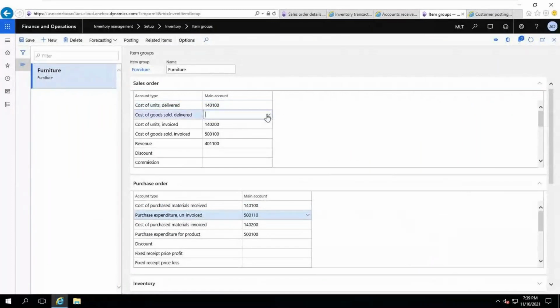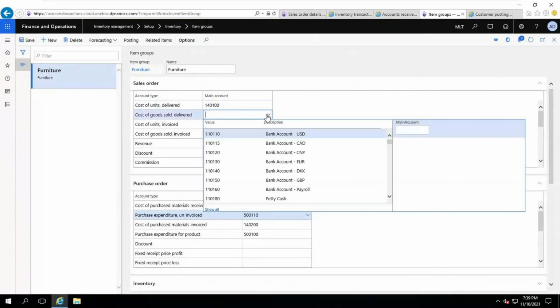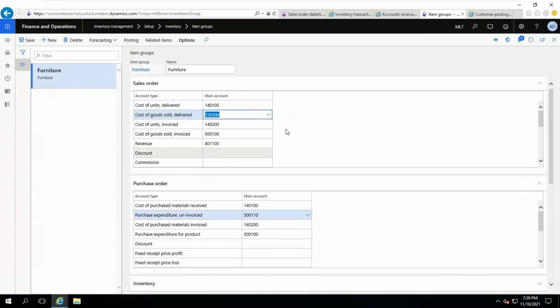Means inventory dispatched but not invoiced. So here the accounts receivable not invoiced account will be mapped. Amount to be received from the customer but not invoiced.